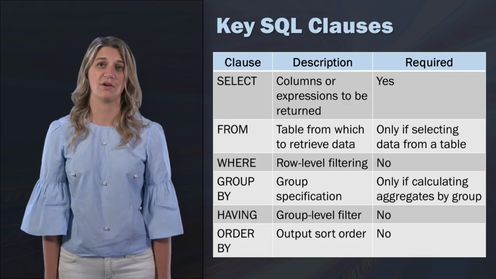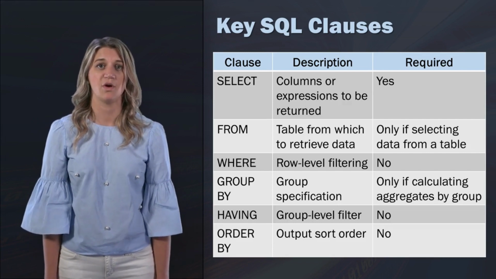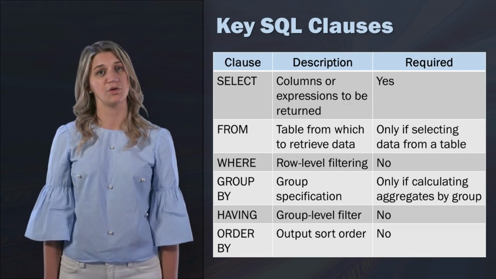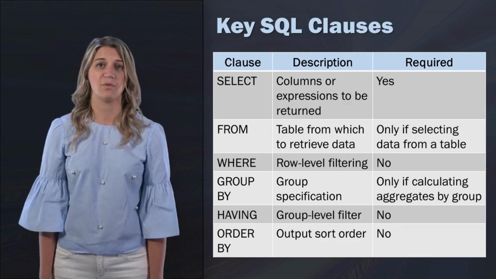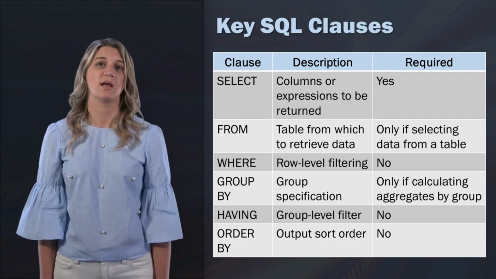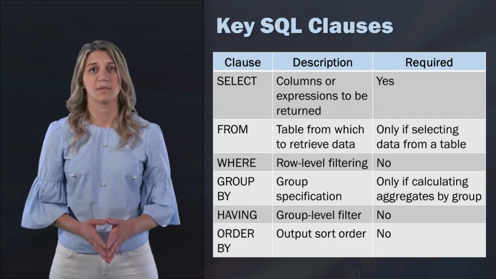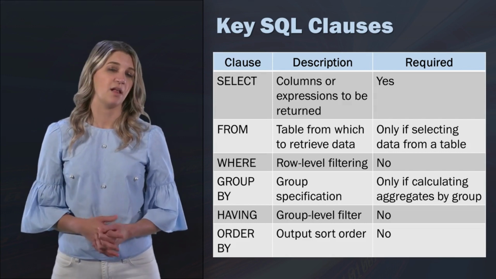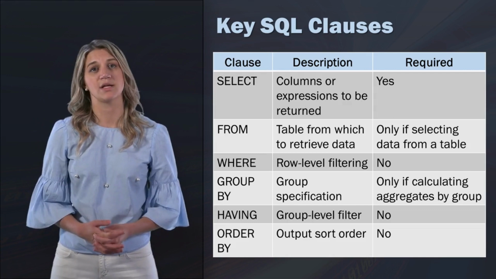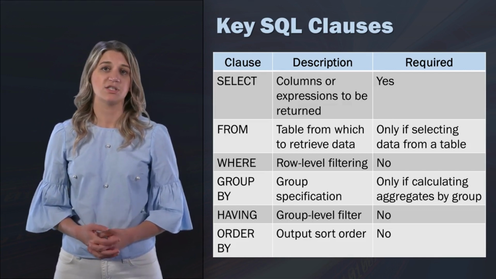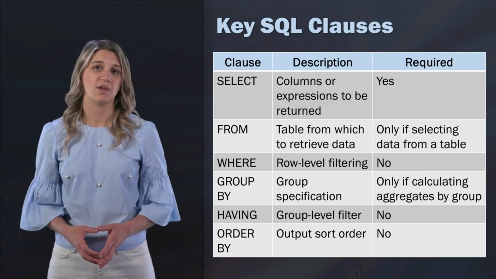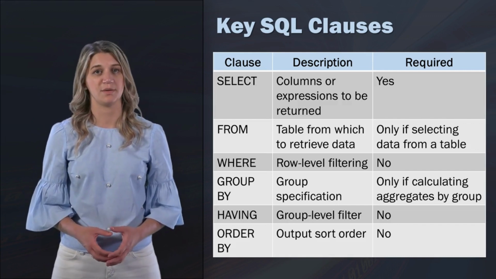Again, if we have an aggregate function in our SELECT statement, we'll want to make sure we're including that GROUP BY clause. Then, if we have the GROUP BY, we may want to do some group level filtering, so we'll be needing that HAVING clause. ORDER BY is always our last thing that we put in our query, and this is just going to sort the order of things in any way that you determine.